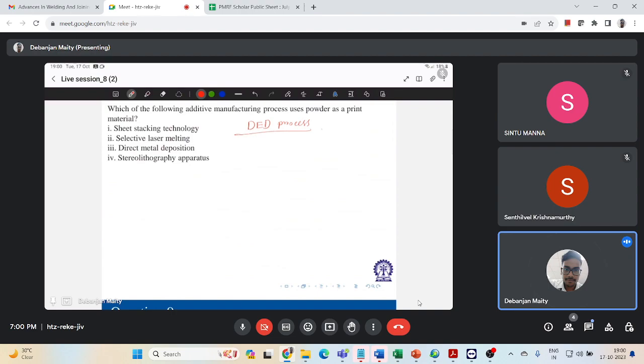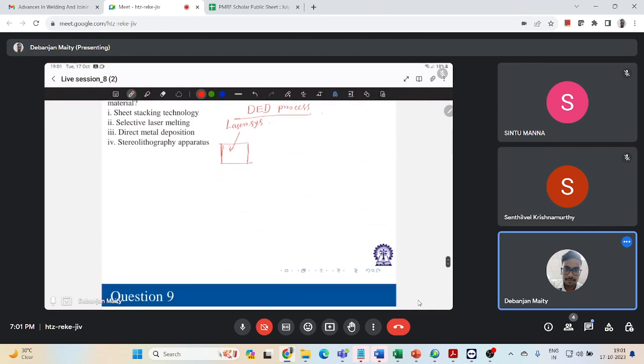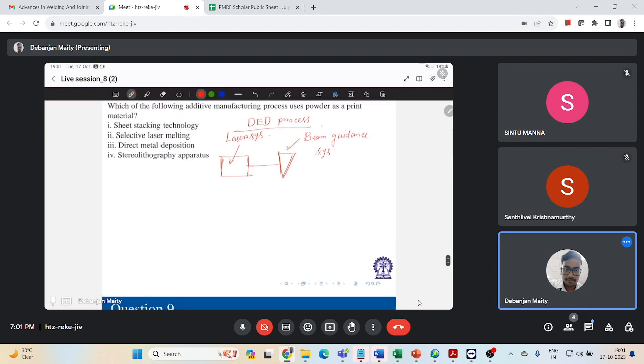In direct energy deposition, we are having a laser system, and we have some beam guidance system which will guide your laser beam to concentrate on a certain region.